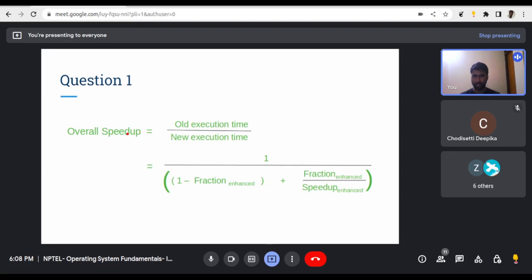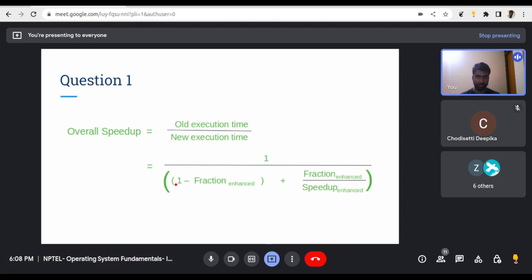In this case, we have eliminated the time variable. We have taken the older execution time to be 1, and then we are calculating the newer execution time. So there is no question of seconds or anything like that, because it will get crossed out above and below.